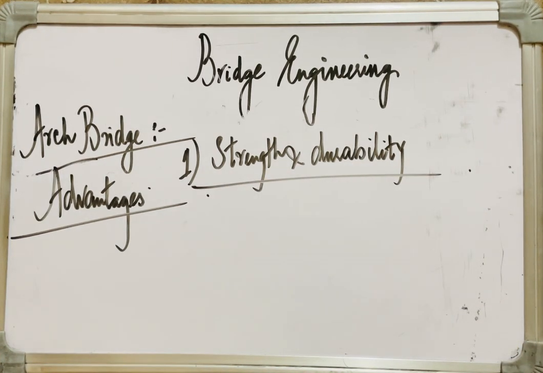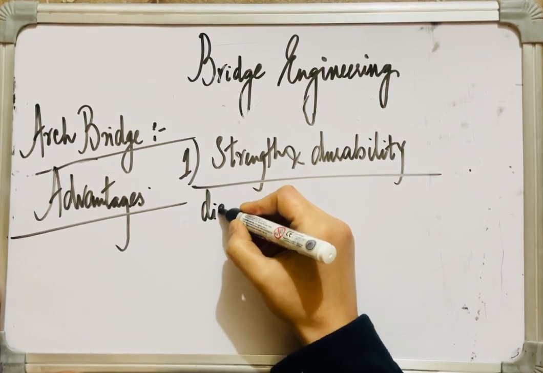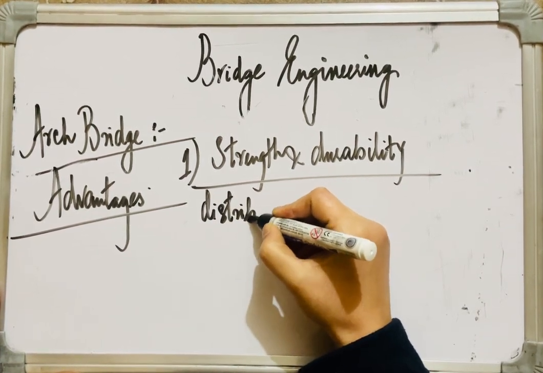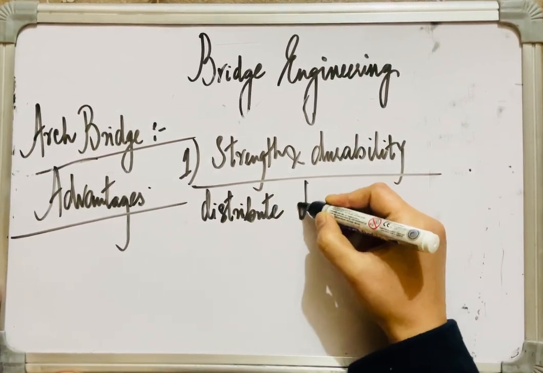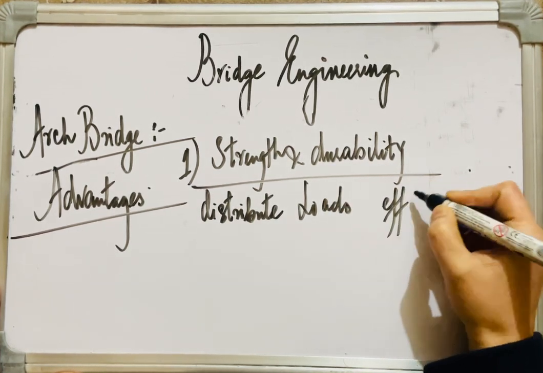The first advantage of the arch bridges is that arch bridges distribute the weight and forces effectively, making them highly durable and able to carry heavy loads. They distribute loads effectively.